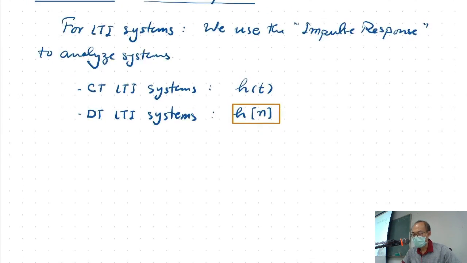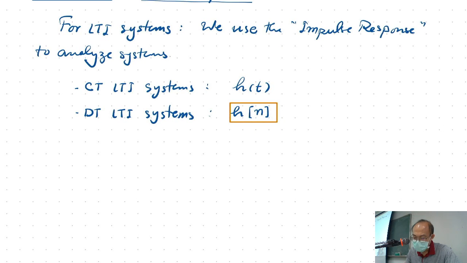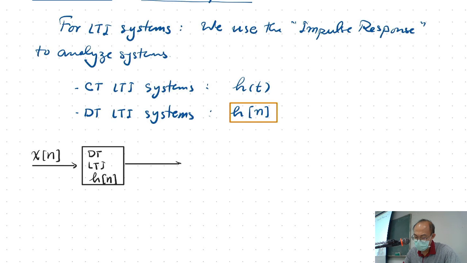All right. Now, once we know the impulse response of an LTI system, so a discrete time LTI system with impulse response h of n, and if x is the input to this system, of course, a discrete time signal input. And when we measure the output, we denote the output by y[n].